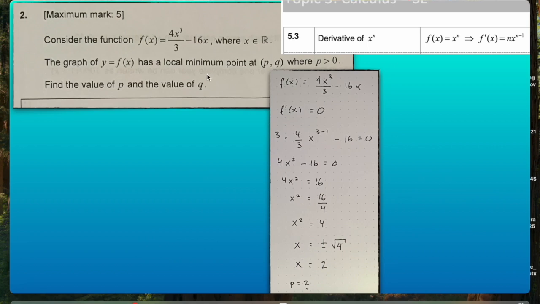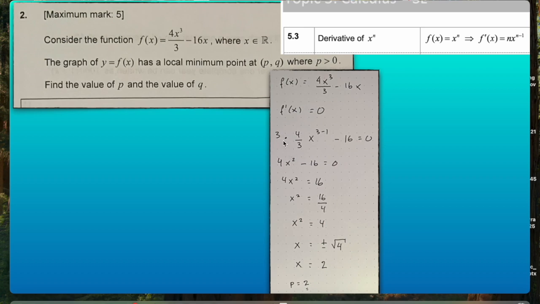Right. So again, we differentiate f of x and equate to 0. What we do, we bring this power here to the front. So we have 3 multiplied by 4 over 3 multiplied by x, and then we subtract the power by 1. And then the derivative of 16x is just 16, and equate this to 0.